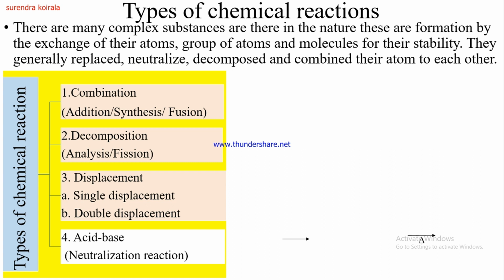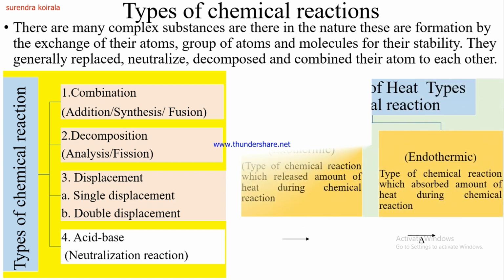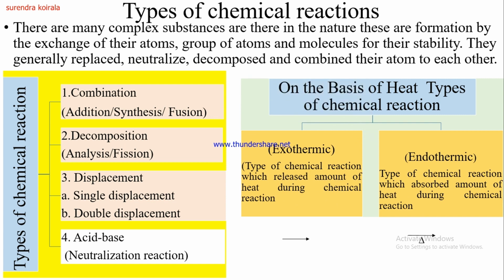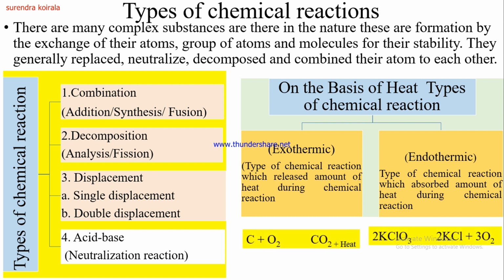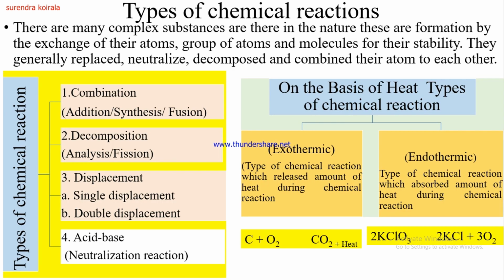But on the basis of heat, absorbing and releasing amounts of heat during the chemical reaction, there are two types of chemical reactions in nature: exothermic chemical reaction and endothermic chemical reaction. Exothermic stands for the type of chemical reactions which release certain amounts of heat during the chemical reaction.